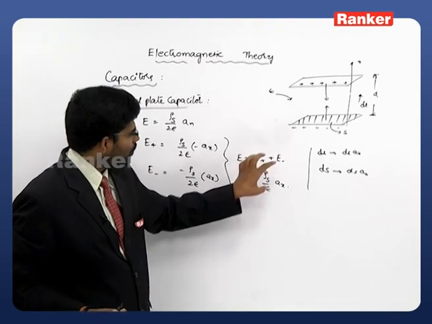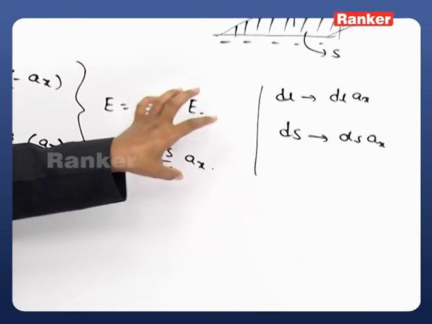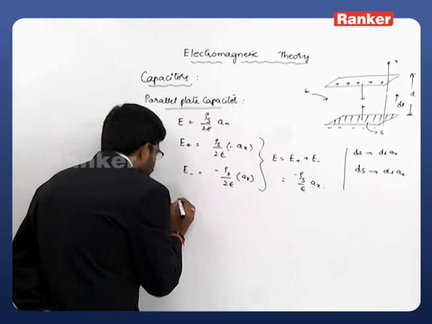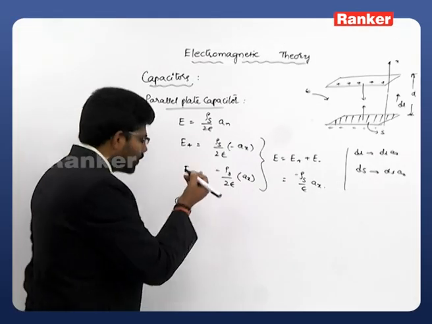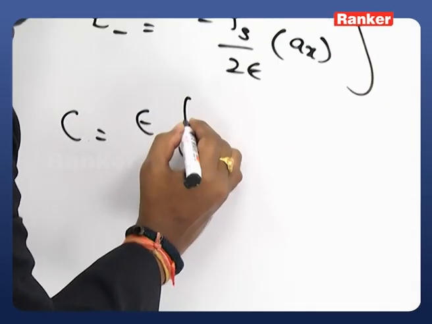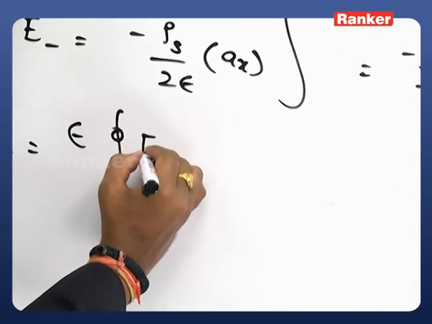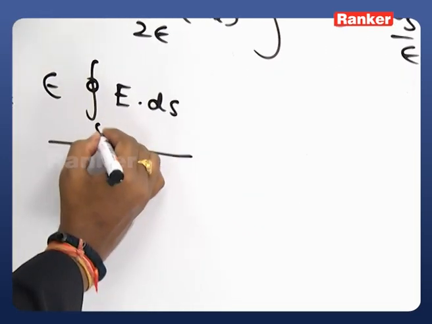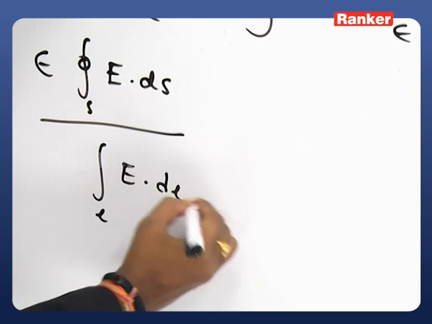We will substitute all these parameters in our basic equation of capacitance. What is the basic equation of capacitance? We already went through that one: epsilon closed surface integral of E ds divided by a line integral of E dl.